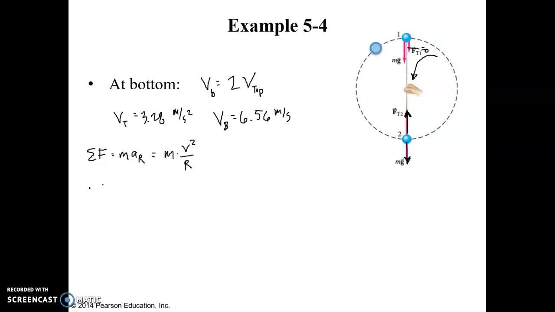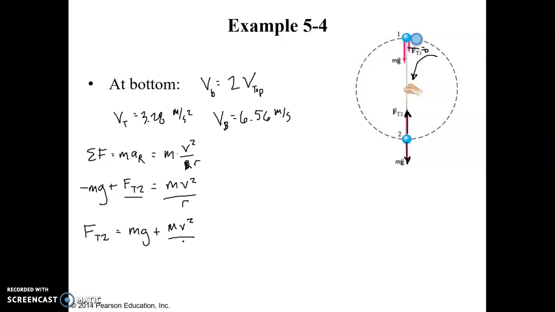So our forces are equal to mg going in the downward direction, Ft2 in the upward direction, and that is equal to mv squared over r. It should have been a lowercase r. So if this is what we want to know, let's just solve for Ft2. It's going to be equal to mg plus mv squared over r.